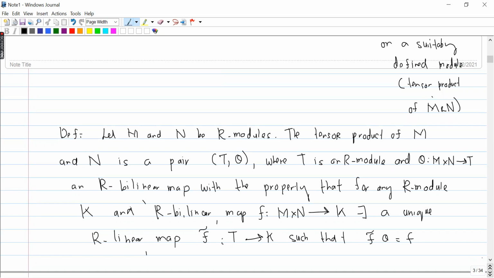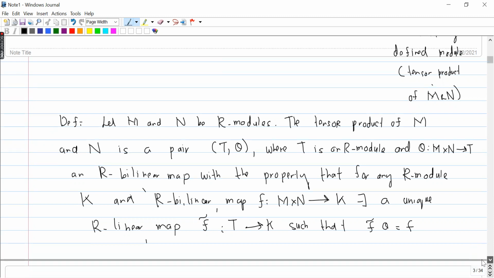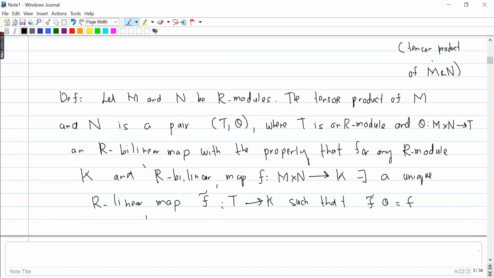So this is a very abstract definition. Initially it seems that things are not clear, that actually what is the tensor product. For example, if we have M and N two modules, then we exactly know what the direct sum of M and N is. We can see the elements of the direct sum. But here the tensor product is defined in a very abstract way, with the help of a property.